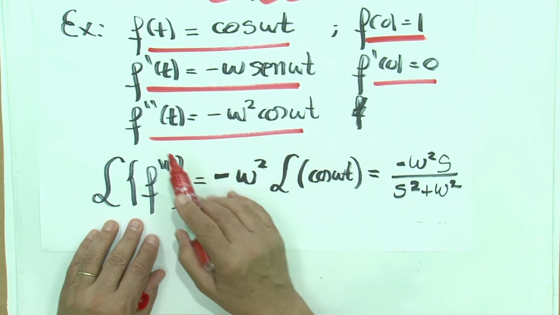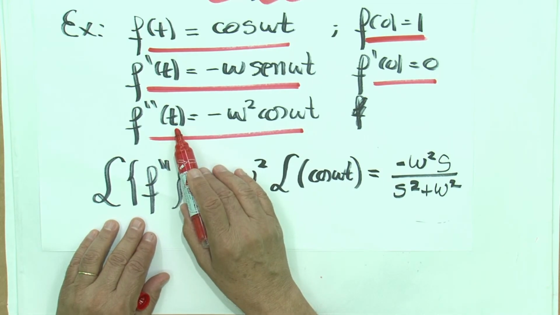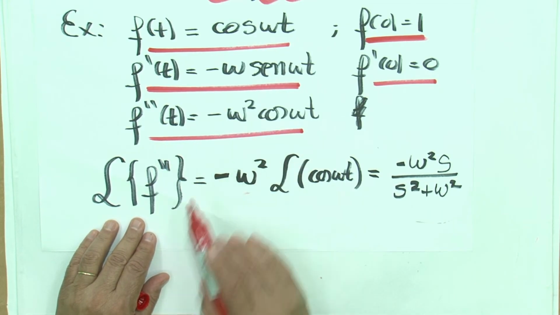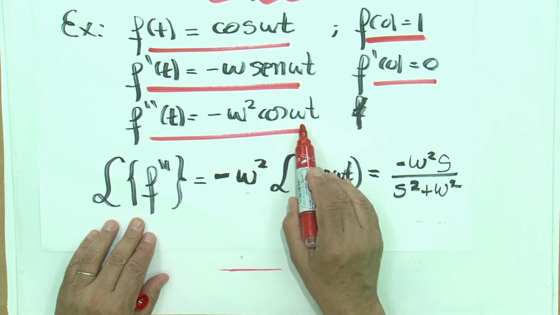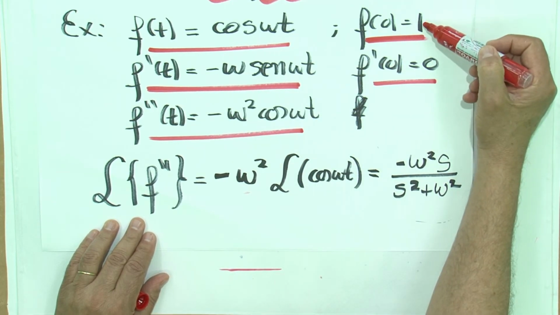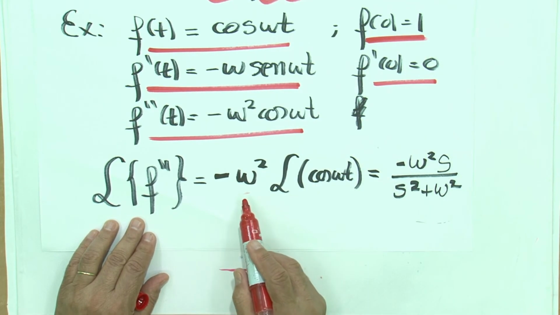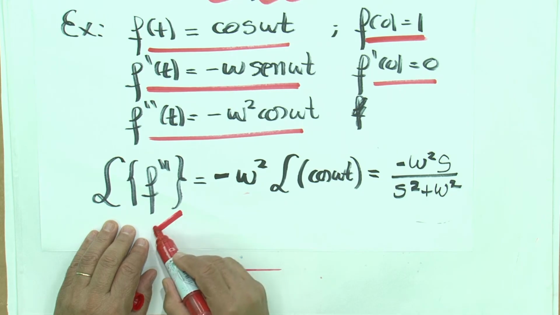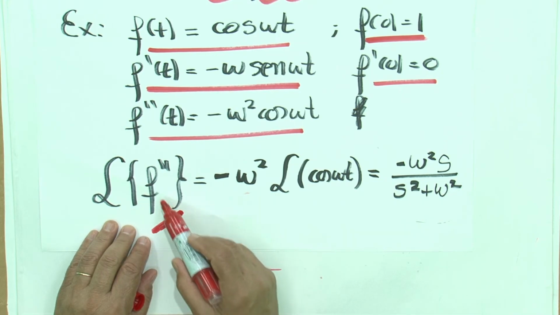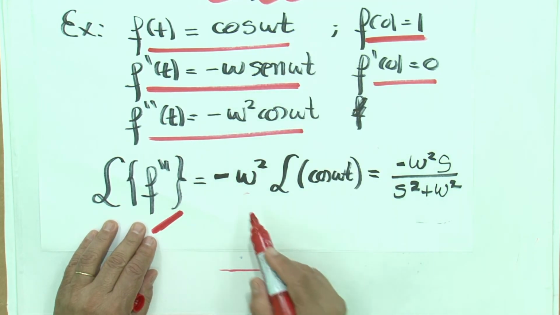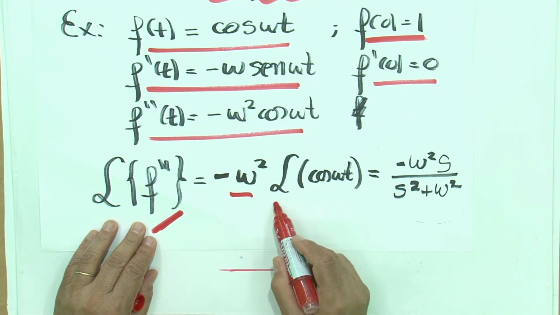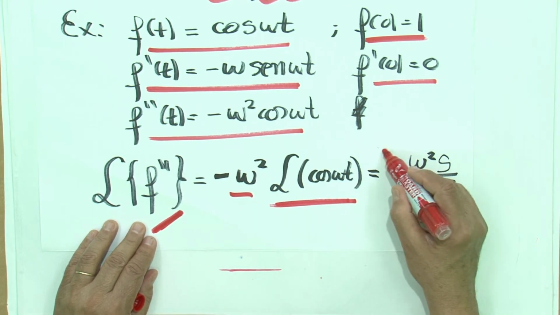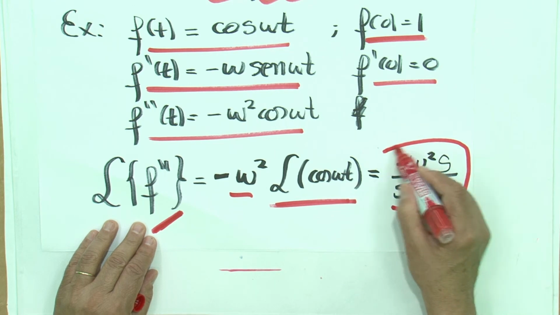We know that the Laplace transform of the second derivative will be minus omega squared times, because of the 0 and then there is the 1 that cancels. So what we have here is basically, when I do the Laplace transform of the second derivative of cosine, I get minus omega squared times the Laplace transform of cosine. So I build this up very easily.